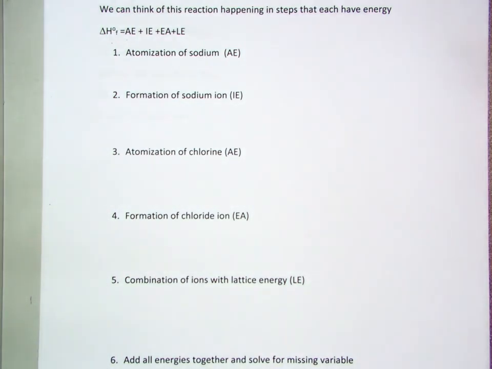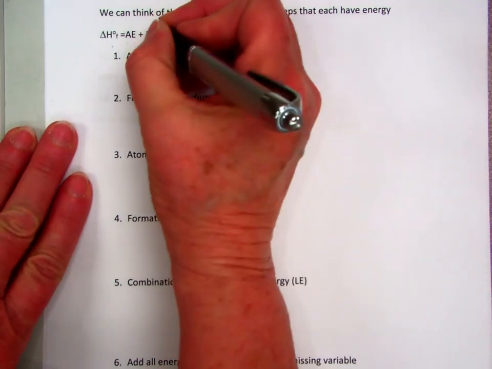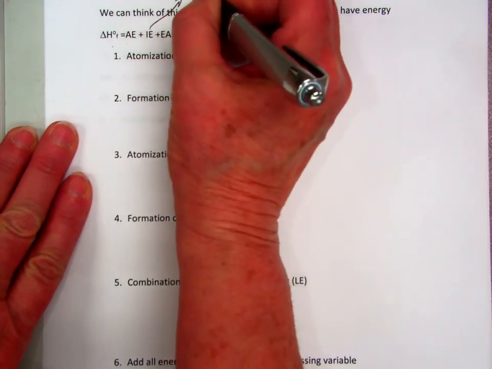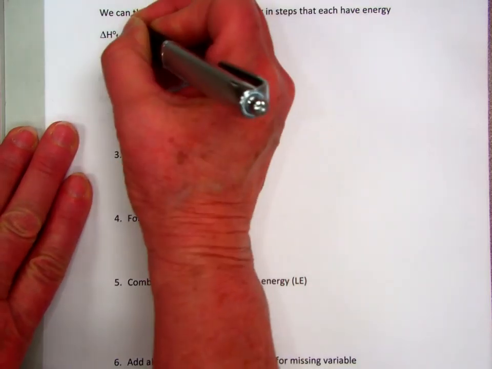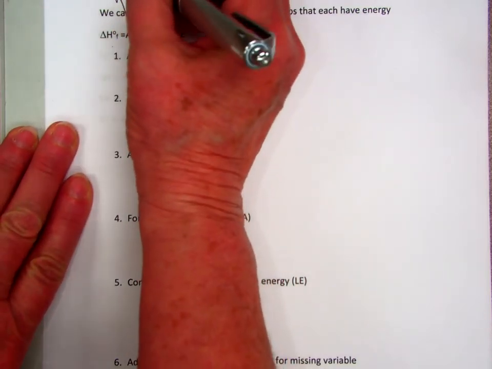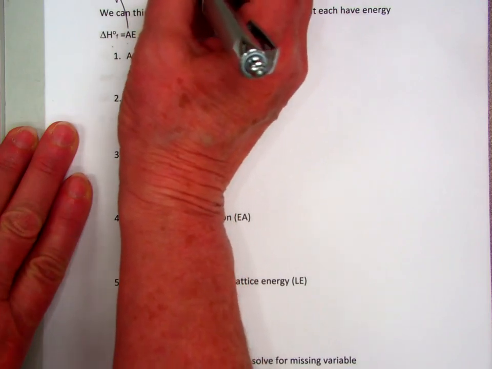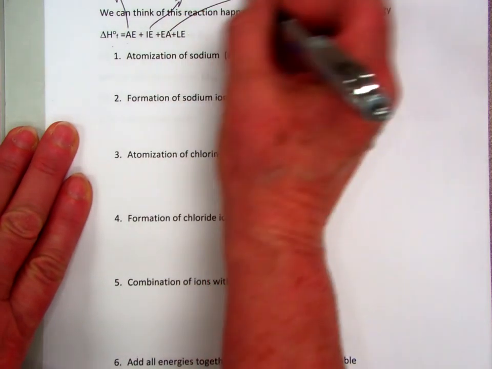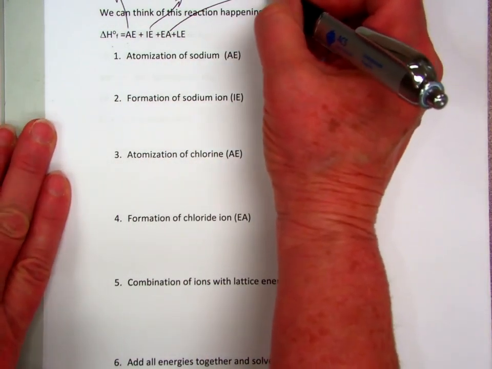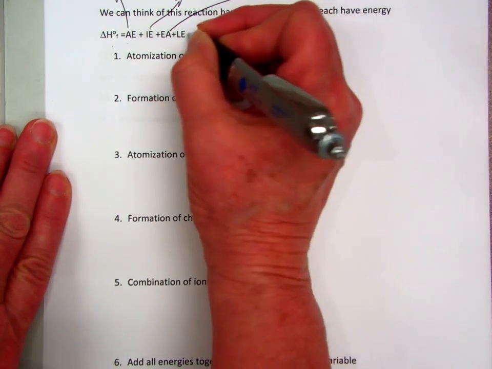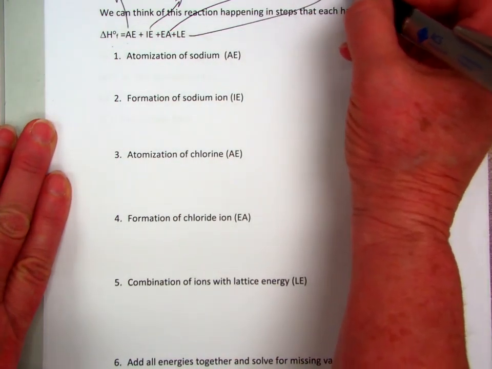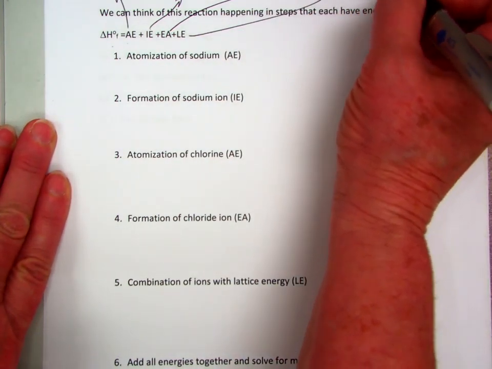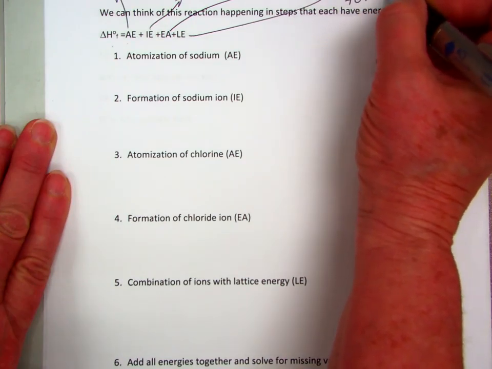That's the energy to make a cation, the positive ion. This is for all elements, whatever we have to start with on the left side. The electron affinity is the energy to make the anion. And the lattice energy combines the ions to make the compound.